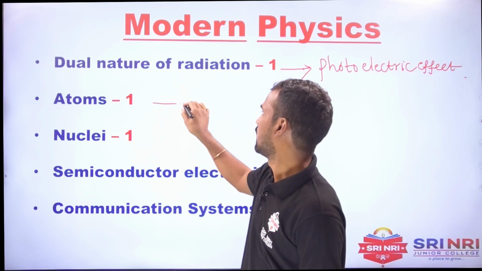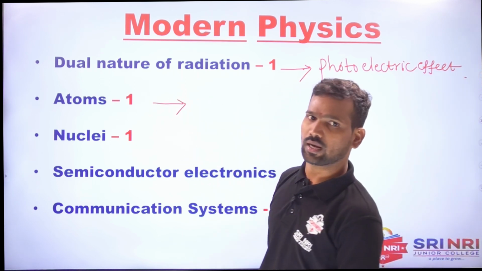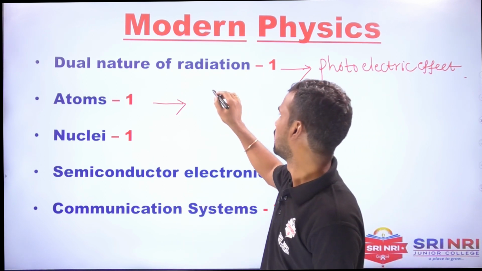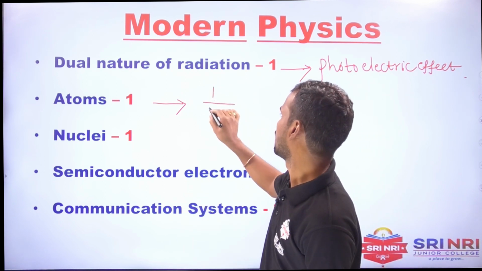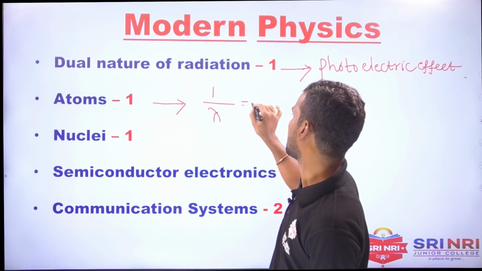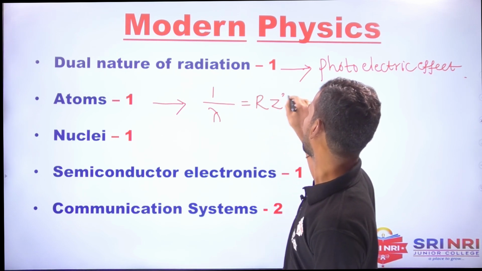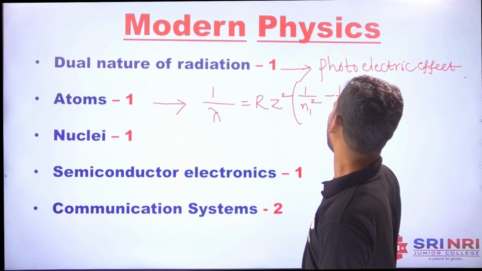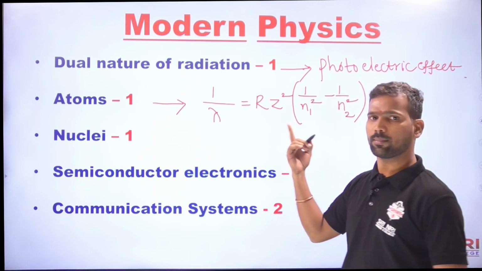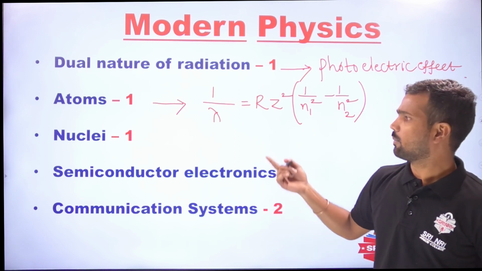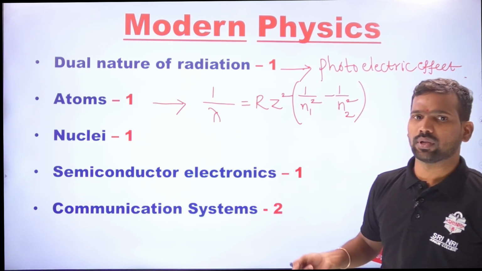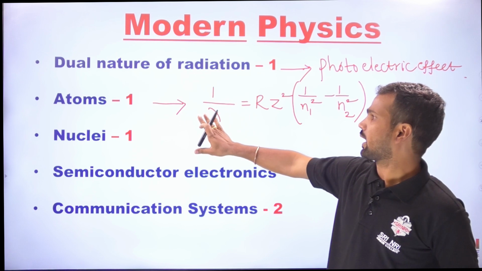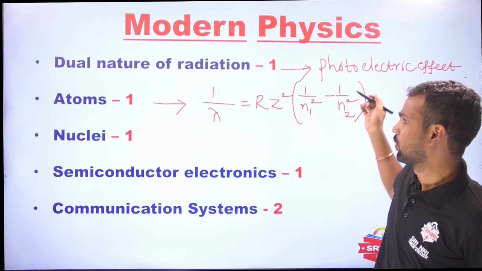Next, atoms. Here the spectral series of the hydrogen atom, calculation of wavelength: 1 by lambda is equal to R Z square (1 by n1 square minus 1 by n2 square) for the Lyman series, Balmer series, Paschen series, Brackett, Pfund. Based on that, the calculation of wavelength, you may get one question.